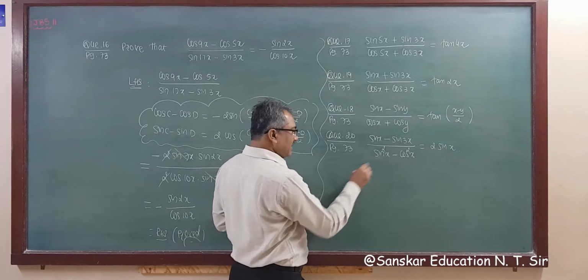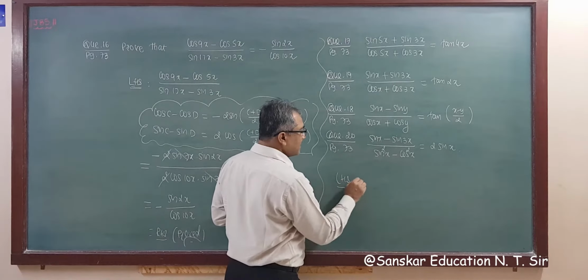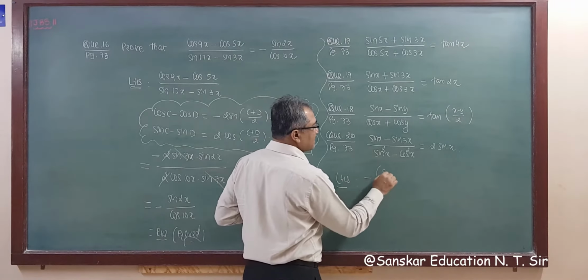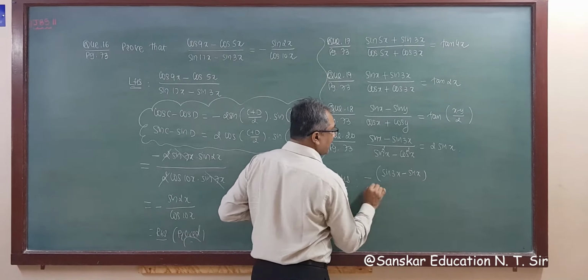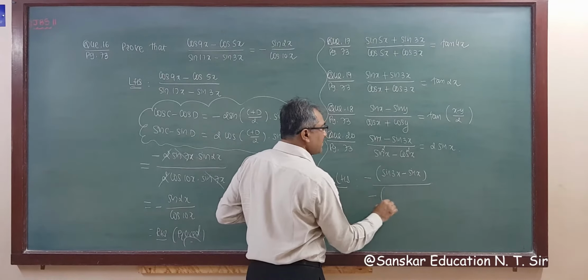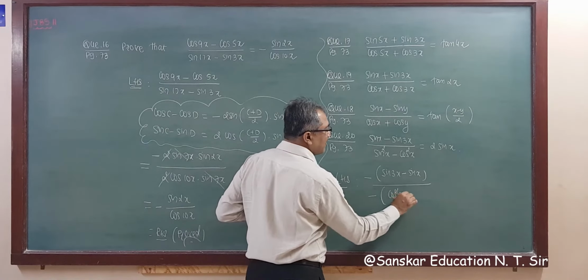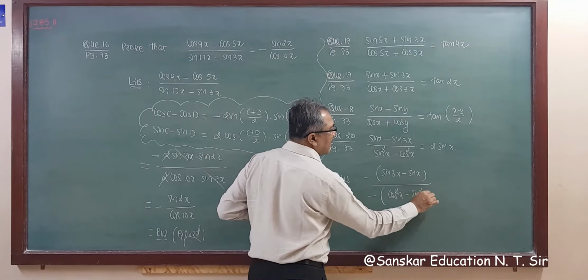So the left hand side becomes minus (sin 3x minus sin x) whole upon cos square x minus sin square x.